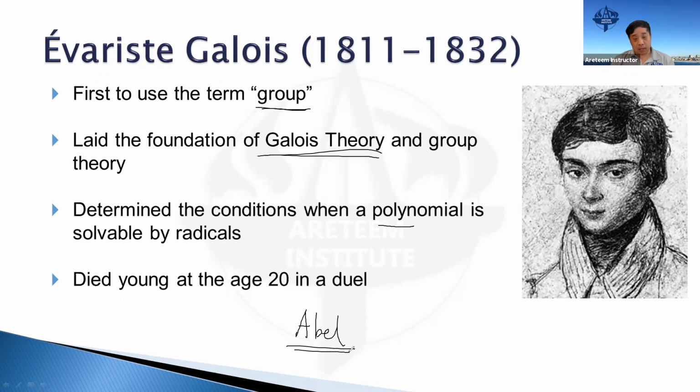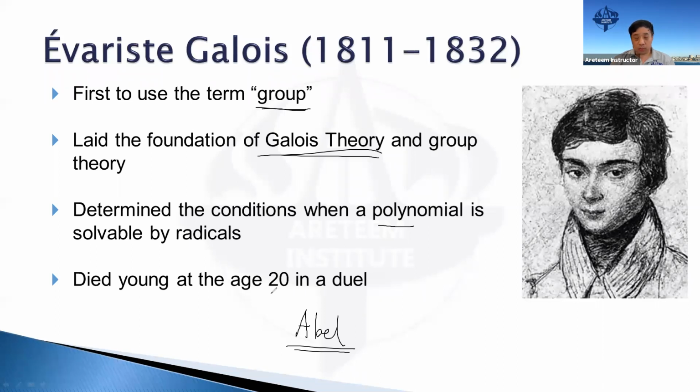So okay, let's talk about Galois. He was actually involved in politics. All those political things during that time in France, you know, supporting the king or whatever. He was pretty radical, and he was arrested and so on.